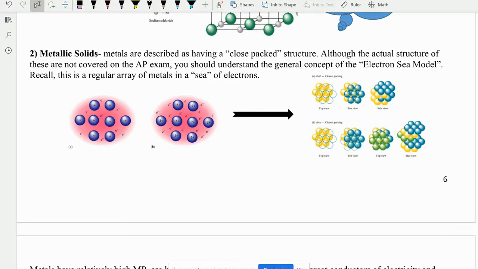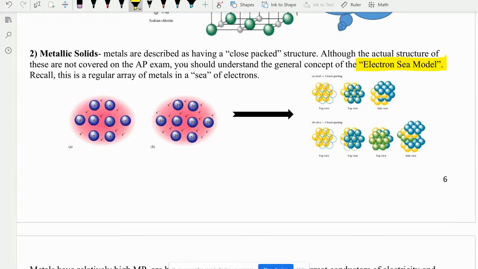And these are close packed structures, although the actual structures are not really covered in detail on the AP exam. One understanding they do expect you to know is the general concept and structure of what we call the electron sea model. And recall, this is just where we have a regular array of metals and a sea of electrons.